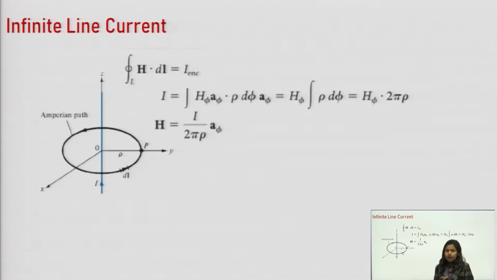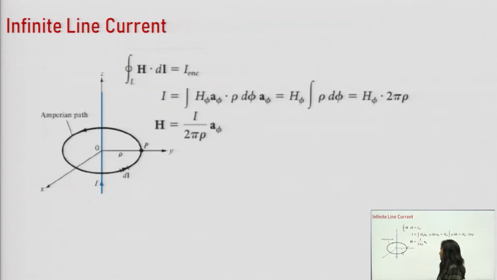In comparison with the Biot-Savart law, Ampere's law is easier. How? In the previous lecture we derived the same thing using Biot-Savart law, and a lot of calculation was involved, but here you can see that one current carrying conductor, an infinite line current, is placed here on the z axis.